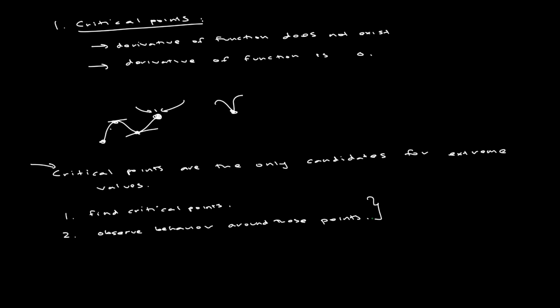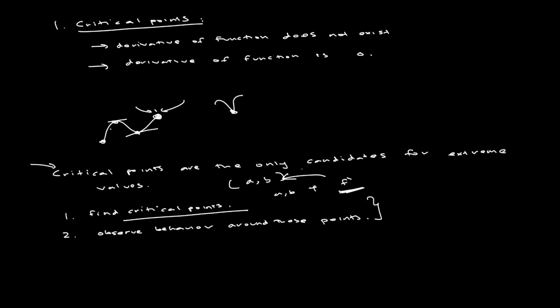So if we're ever told to find the extreme value of a function, we first have to calculate all the critical points. So we just find the endpoints. If the function is just defined between a and b, it's a comma b, plus we find f prime and we find out wherever f prime doesn't exist and f prime is zero, obviously in that interval, and all of those different points happen to be critical points.